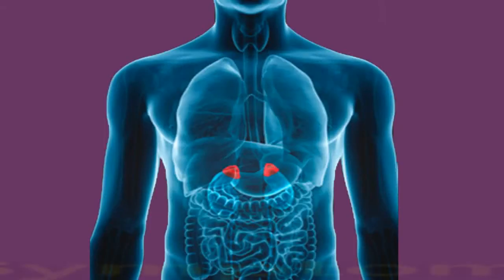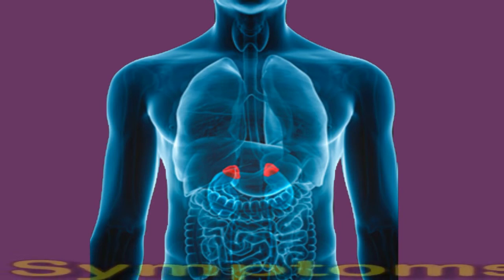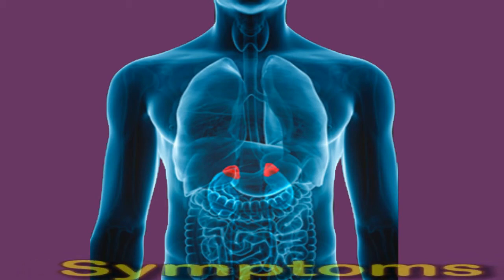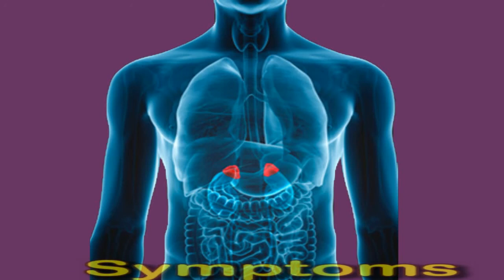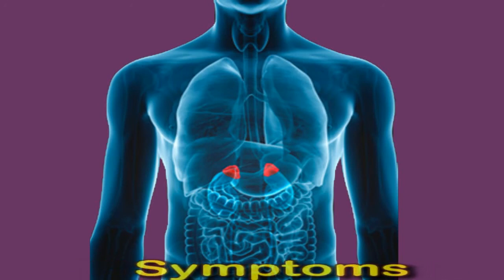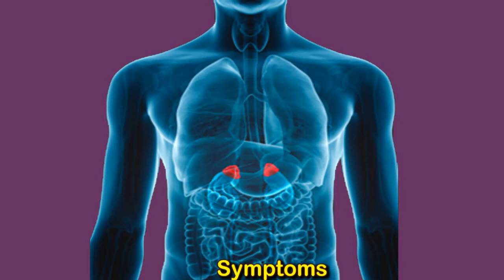Symptoms. Adrenal insufficiency can cause many types of symptoms which are often initially mild but worsen over time. All types of adrenal insufficiency have similar symptoms. The most common symptoms of adrenal insufficiency include chronic fatigue or extreme tiredness, muscle weakness, decreased appetite and weight loss, abdominal pains.